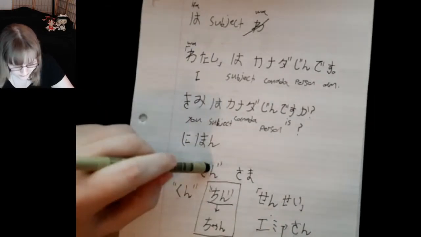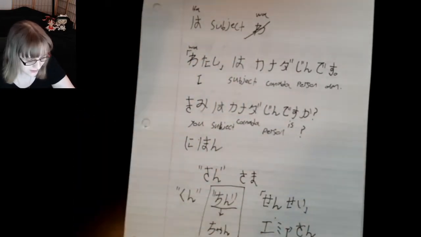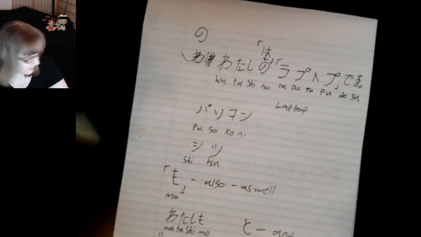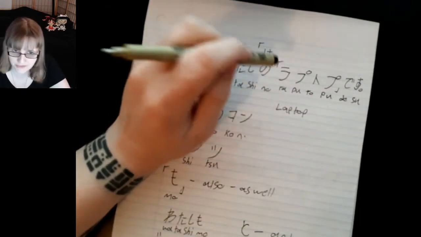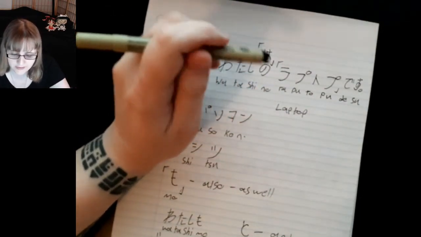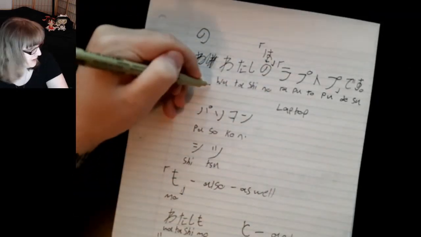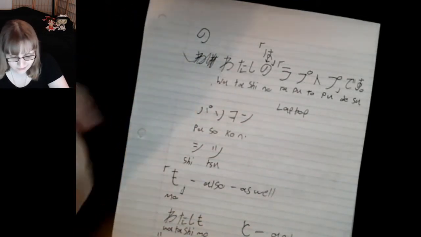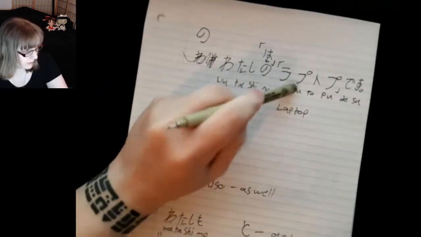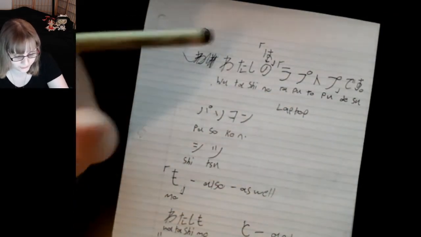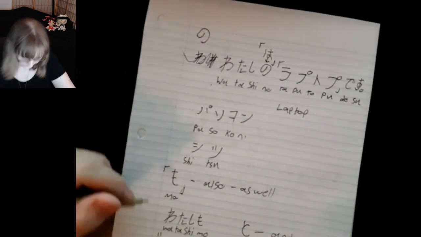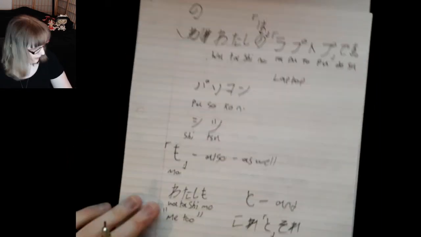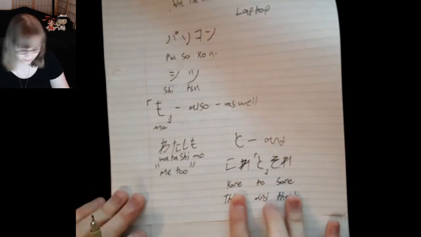We've covered san, kun, chan, sama, but, you know, you wouldn't want to use sama. We've covered a little bit of katakana. As I said, you need to start cramming your hiragana and your katakana in your head. I'm going to start phasing out this English. So, make sure you get it in your head. I'll recover katakana in next week's video, and I'll dedicate a full thing to that. We covered watashi, anata, kore and sore we covered briefly, but I'll cover that later.